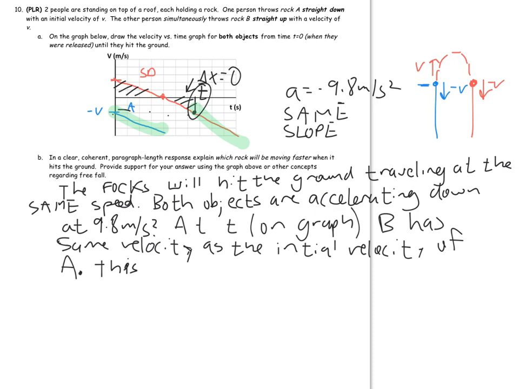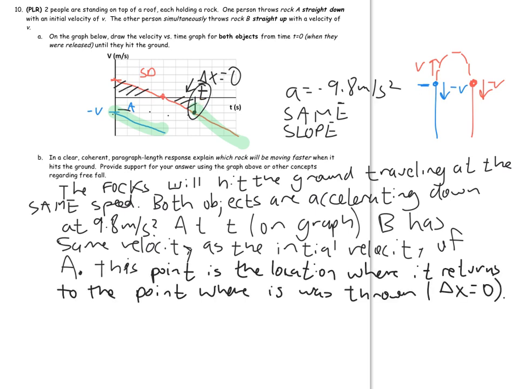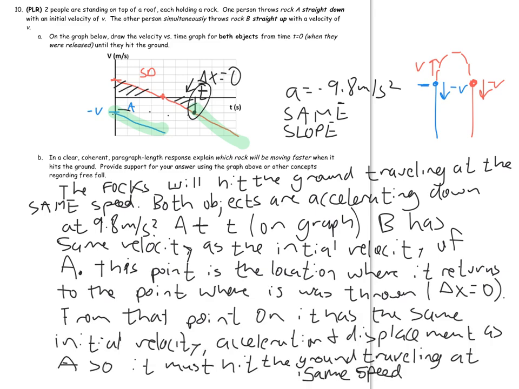And you can even mention that the area under the curve is going to be the same at that point. So we can say from that point on, it has the same initial velocity and acceleration as A, so it must hit the ground traveling at the same speed. And there you have your answer.